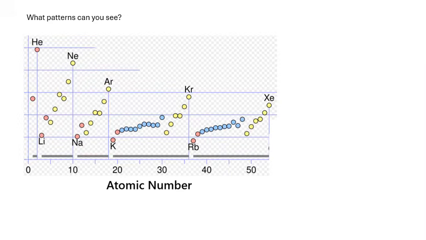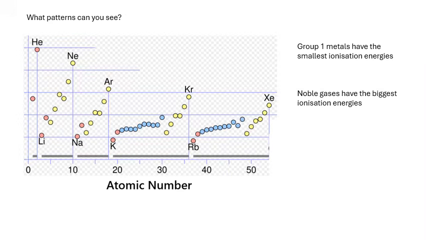Hopefully you will see that group 1 metals have the smallest ionization energies: lithium, sodium, potassium, rubidium, cesium. Next, noble gases have the biggest ionization energies.